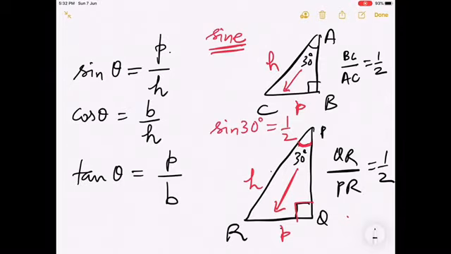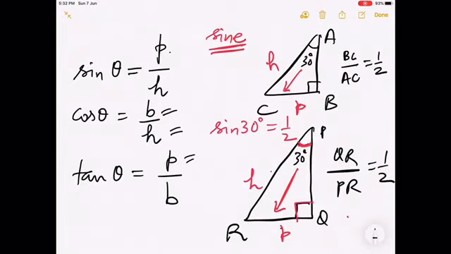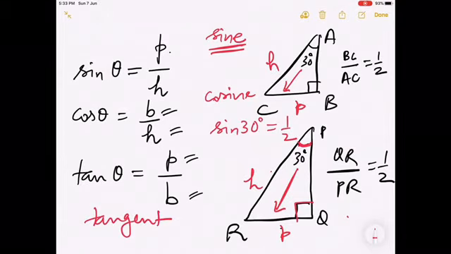So we should know that for any right angle triangle, the ratio of perpendicular upon hypotenuse is denoted as sine theta, the ratio of base upon hypotenuse is denoted as cos theta, and the ratio of perpendicular upon base is denoted as tan theta. Now this cos is nothing but short for cosine, and tan is nothing but short for tangent.